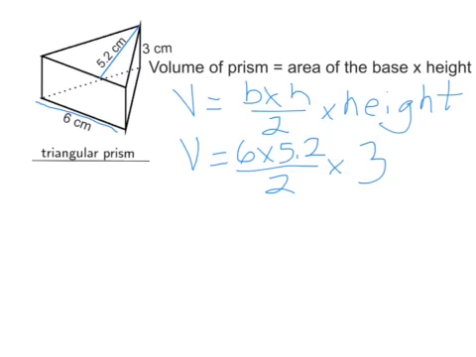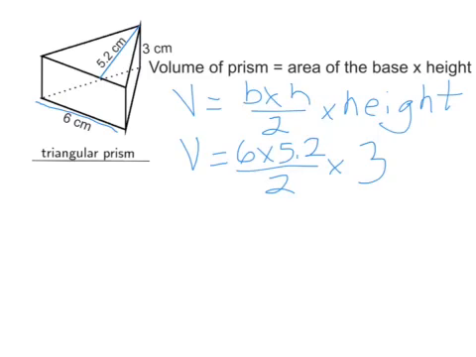So when you're looking at this, keep in mind that when you're finding the area of the base, the triangle has its height, which is separate from the height of the prism. And often when you see this formula, they will have labeled them separately, given that the height of the prism may be noted as depth instead of height.